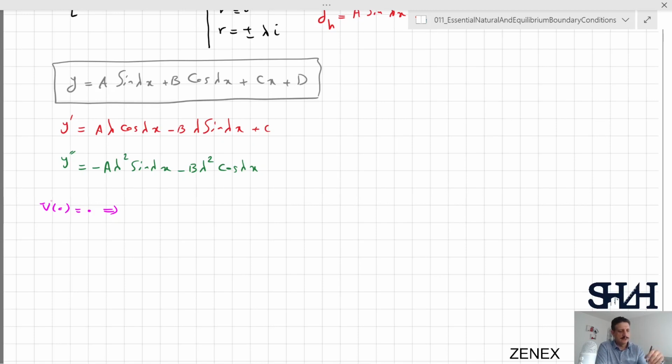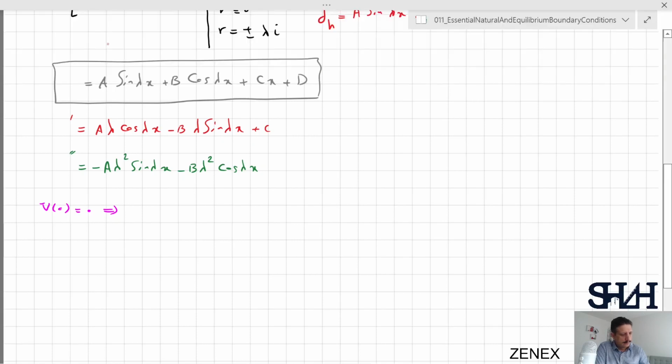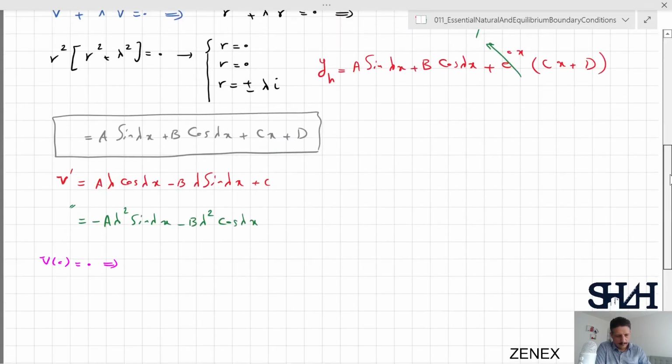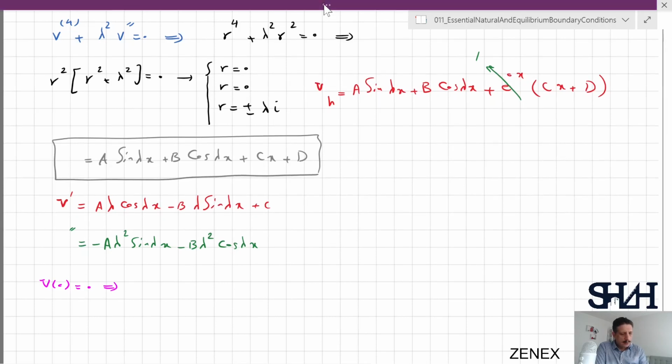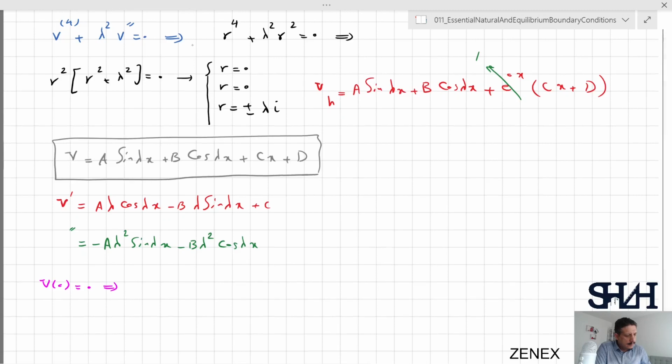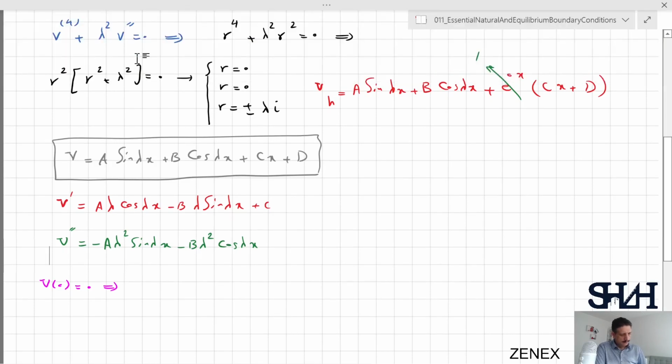So V at 0 is 0, then B plus D will be 0.